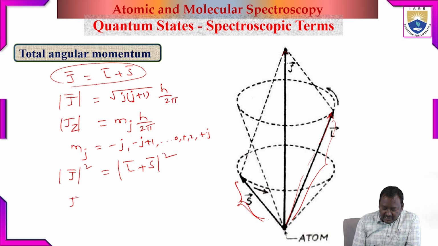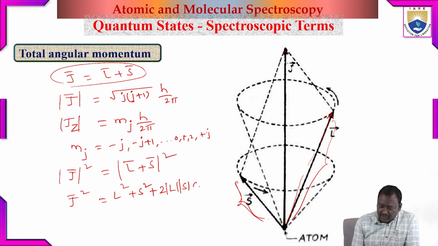So we will get the magnitude J square equal to L square plus S square plus 2 L bar dot S bar, which can also be written as L into S into cos theta, where theta is the angle between L bar and S bar.